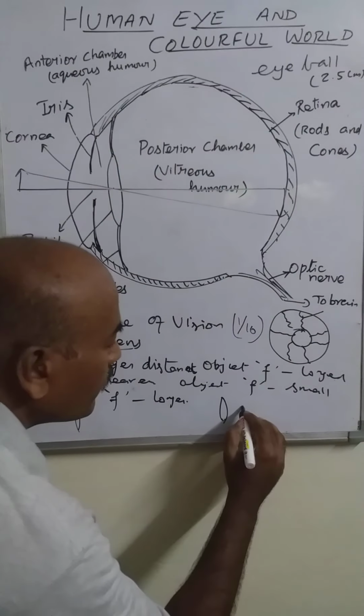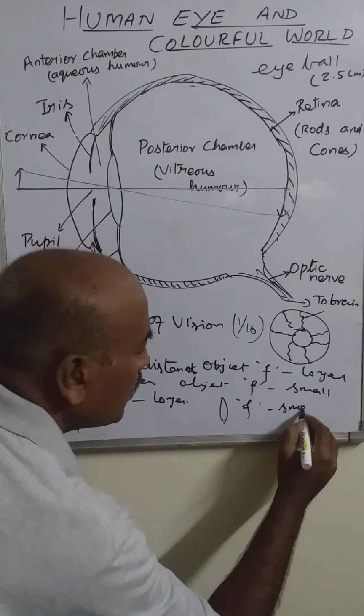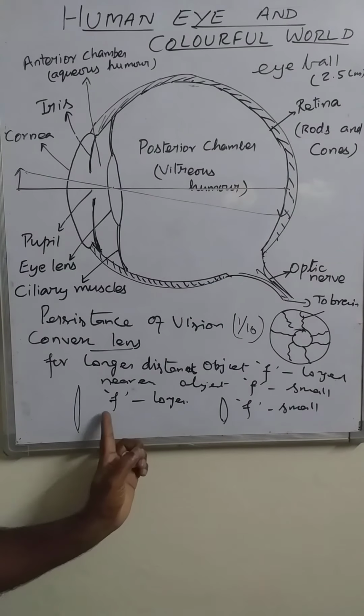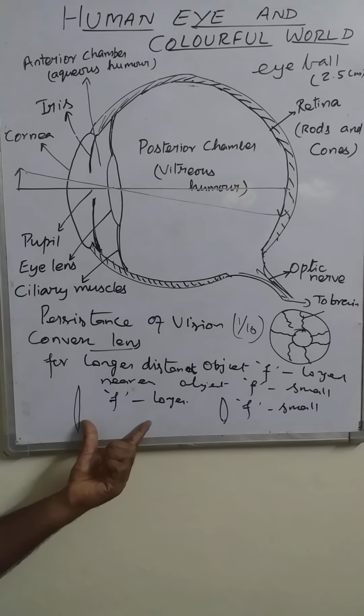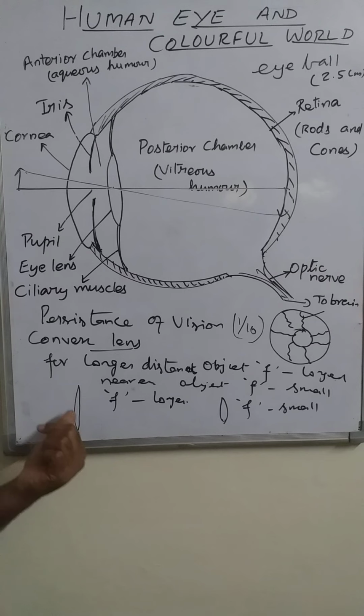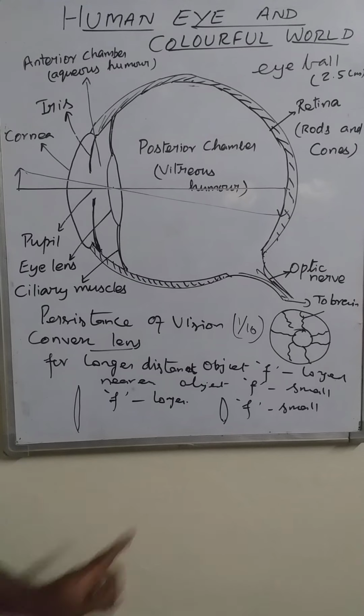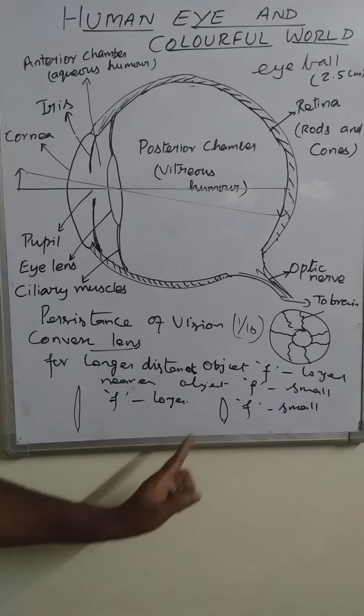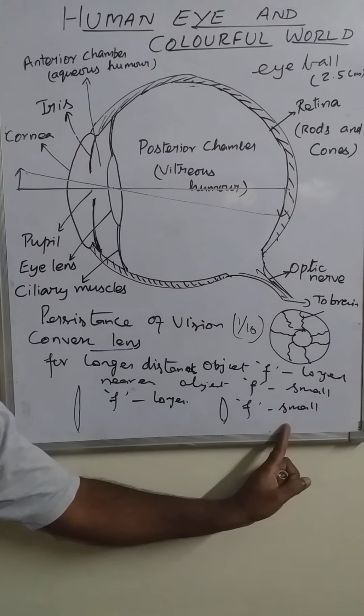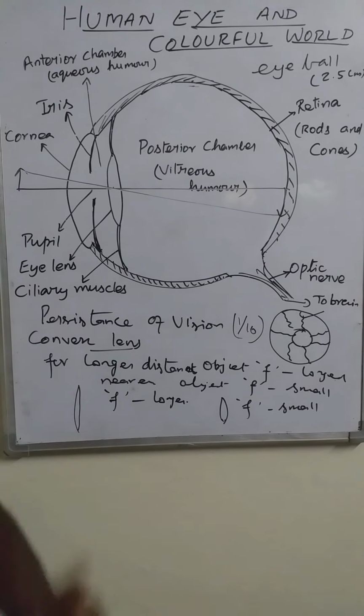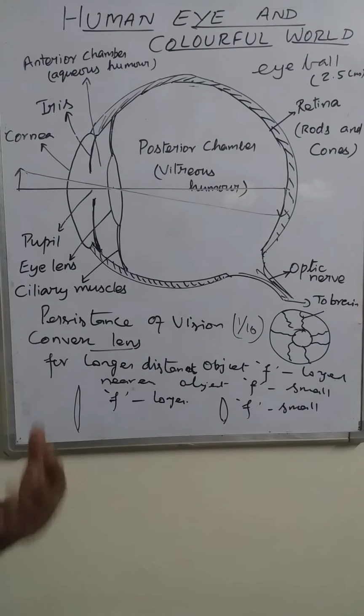When the lens is thicker, the focal length is small. For a longer distant object, its focal length should be longer and the ciliary muscles get relaxed. For a nearer object, the focal length should be small and the ciliary muscles get contracted. These conditions change on their own according to the distance of the object.